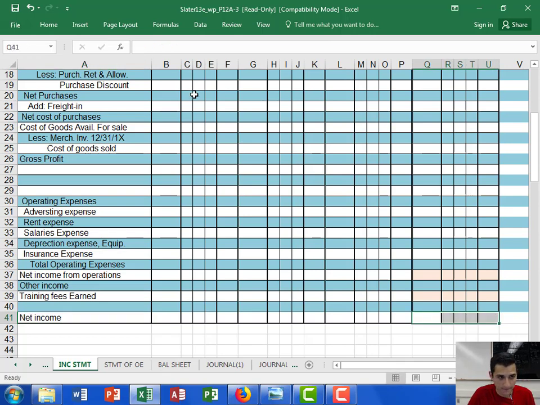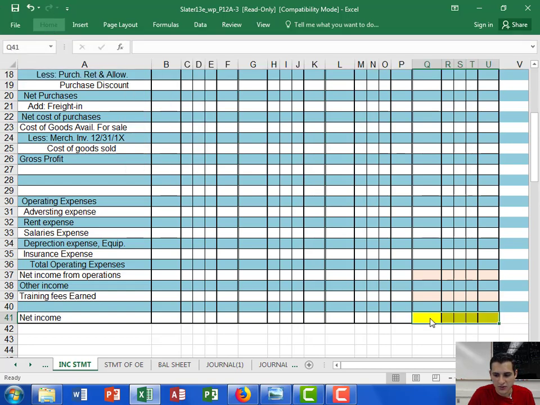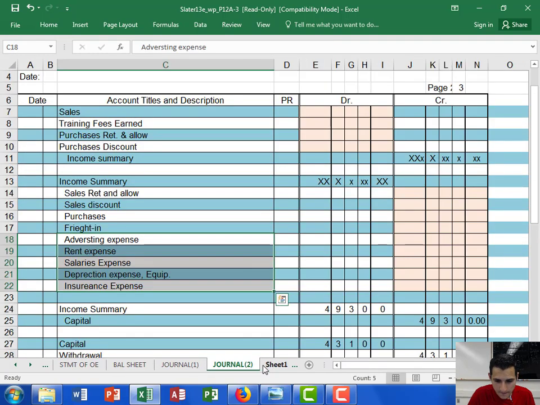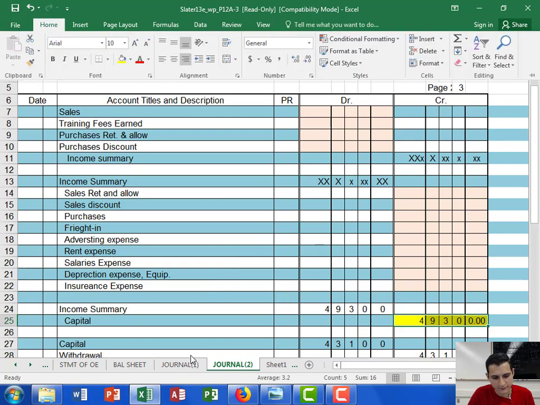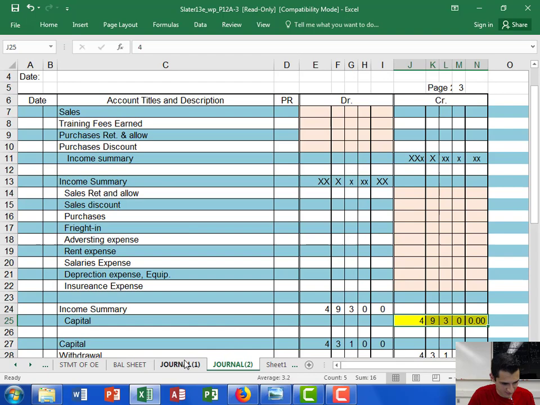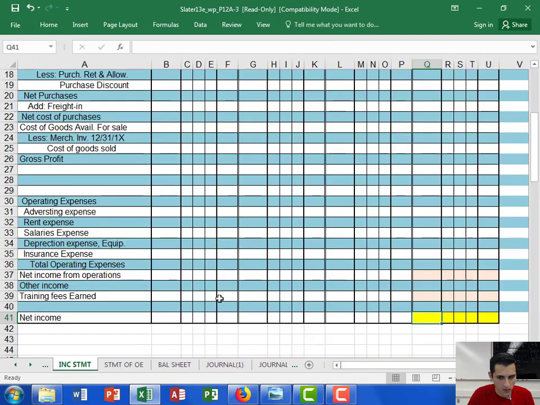Now this amount right here, I'm going to put this in yellow, should match the number that you get right here. Okay? Just a little hint.